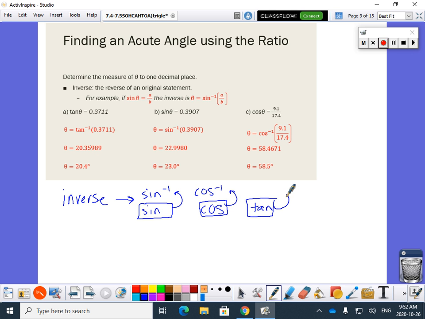Tan, inverse is tan to the negative 1. Inverse operation to get theta value.